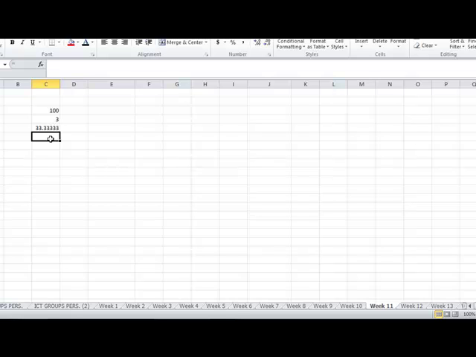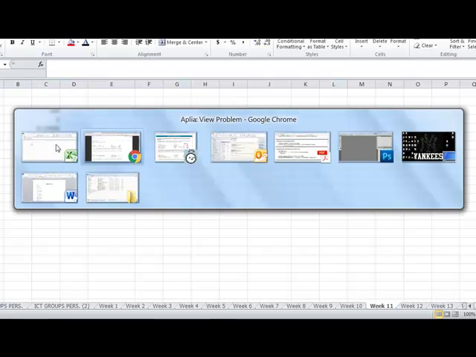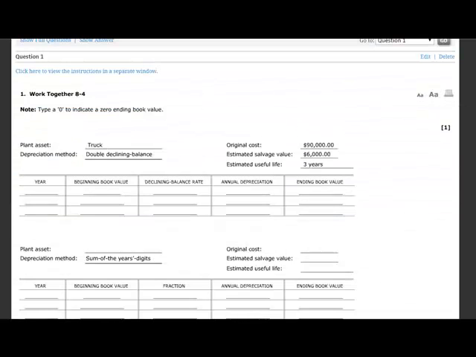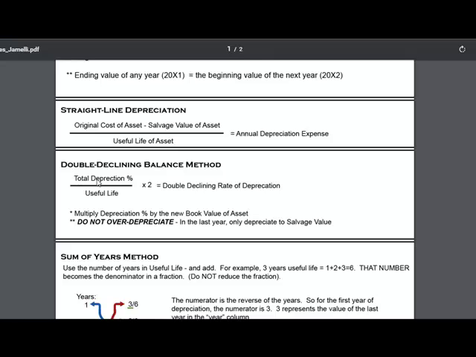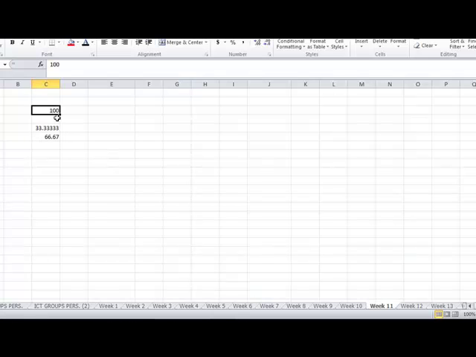When I take this number and double it, it's going to look like this because they want you to round the decimal off. So this formula that I used, total depreciation percentage, 100%, divided by useful life times 2. 100 divided by 3 times 2.